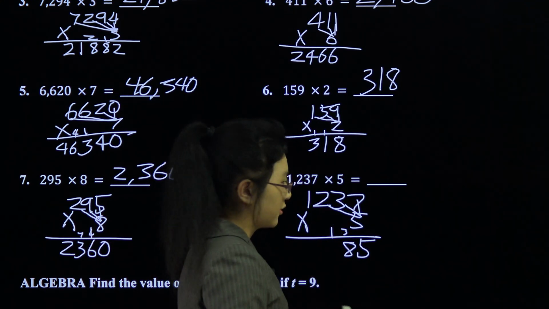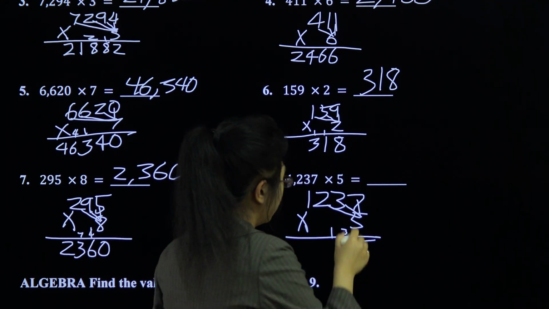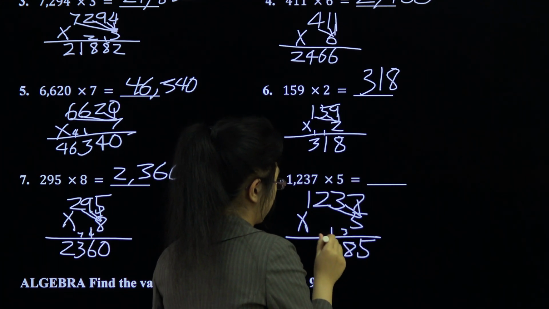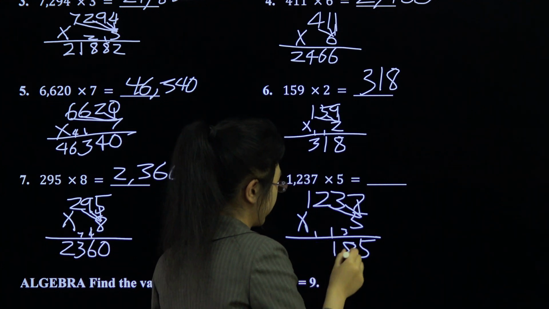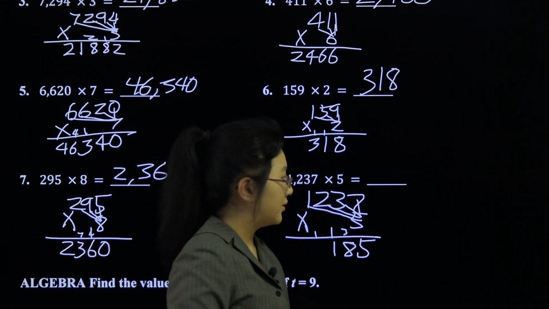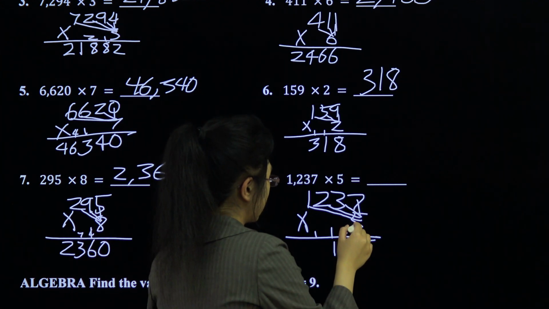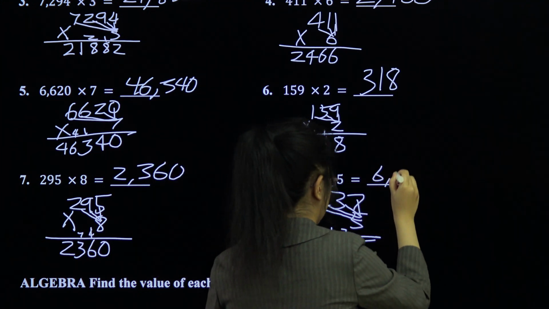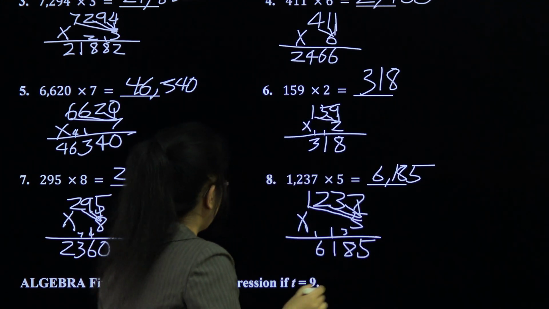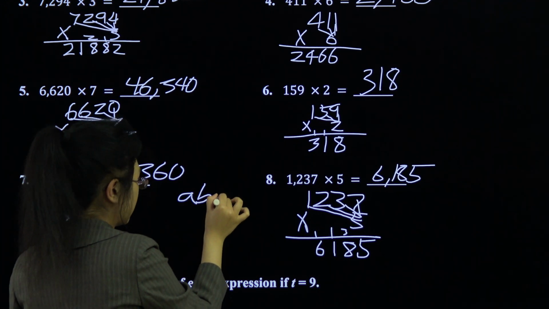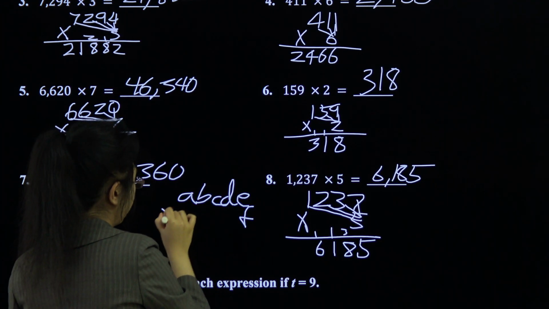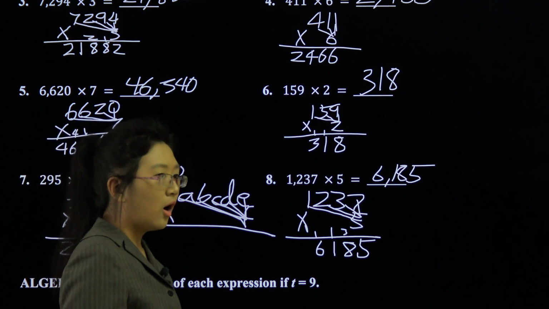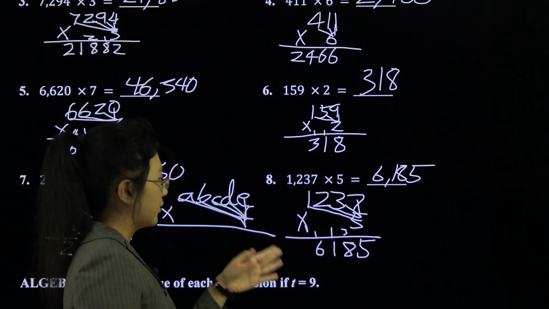Hundreds place next. 5 times 2 is 10. 10 plus 1, 11. You regroup again. And then 5 times 1, thousands place, the last. 5 plus 1 that we regrouped is 6. 6,185. Essentially, no matter what, with the digits B, C, D, E, and then times F, you would always just go one by one. Like all vertical form, you do it from right to left.